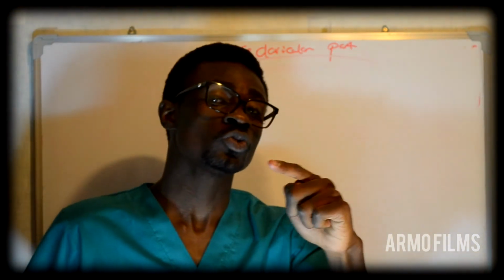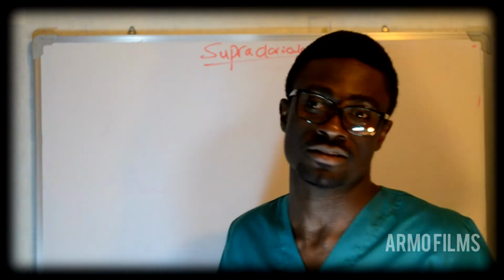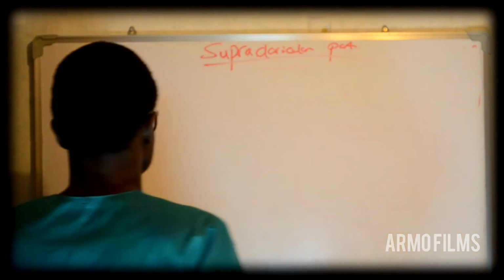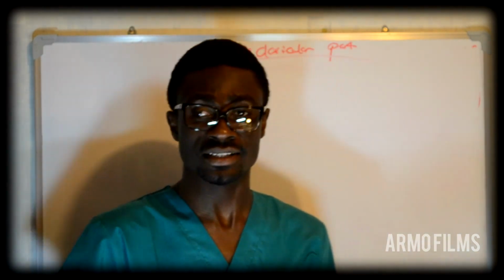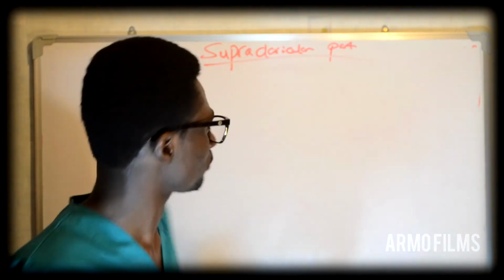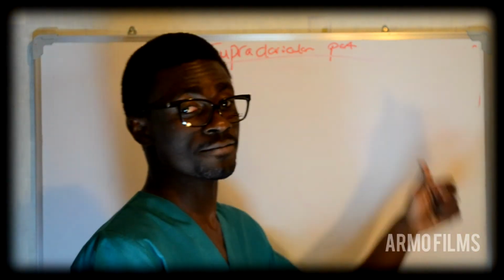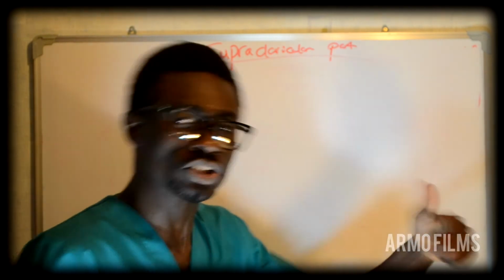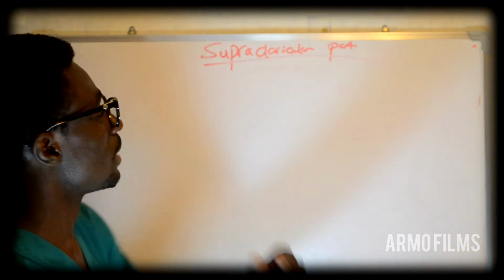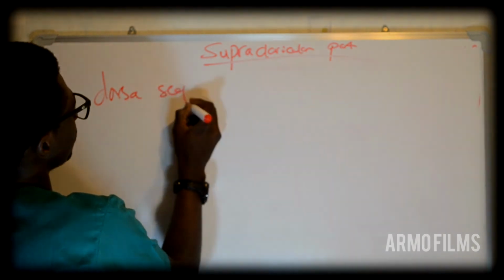One thing you have to know about this part is that the nerves given off by it are short nerves, very short, and they are related to the pectoral girdle, your shoulder. So we're going to discuss some nerves which make up the supraclavicular part of the brachial plexus. The first among them is the dorsal scapular nerve.